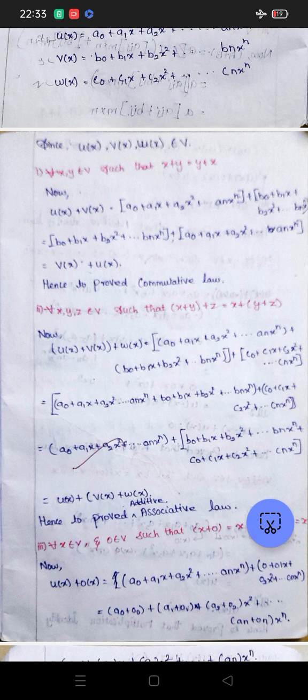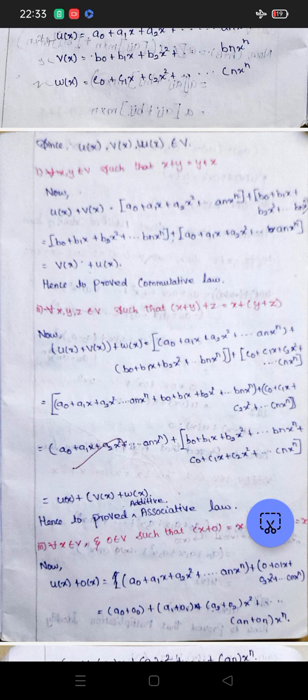So you can write first v(x) polynomial plus u(x) polynomial: b0 + b1x + etc. + bn x^n plus a0 + a1x + etc. + an x^n. So u(x) + v(x) is equal to v(x) + u(x). Hence we prove the commutative law.